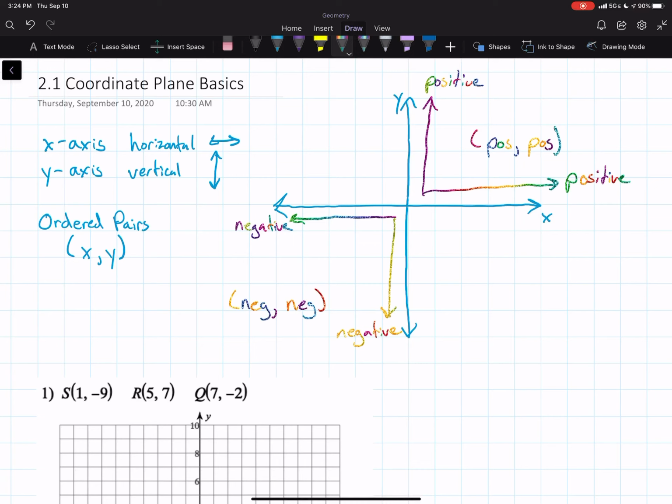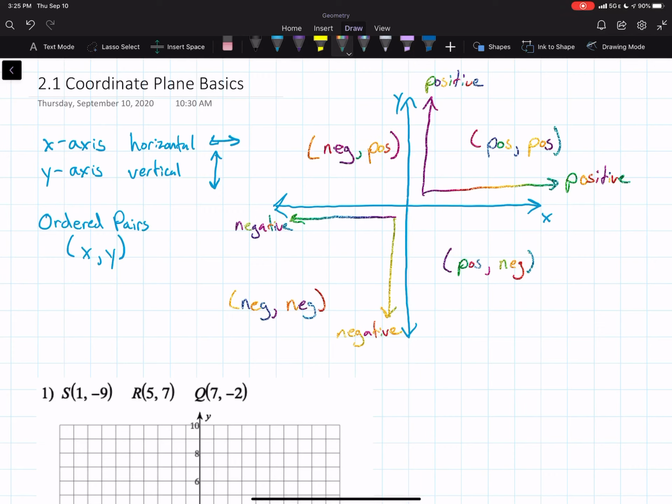So you got to make sure you're going the right direction. If you are in the bottom right-hand corner over here, you're going to go positive to the right, but then you're going to go down, which is negative. And conversely, over here on the top left, you're going to go negative, which is left, so left and negative go together, and then positive is up.